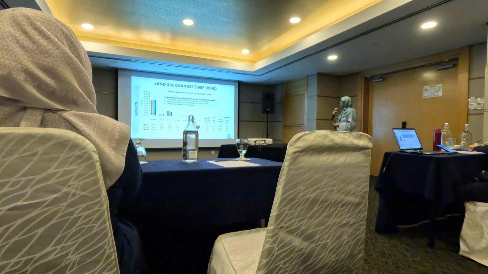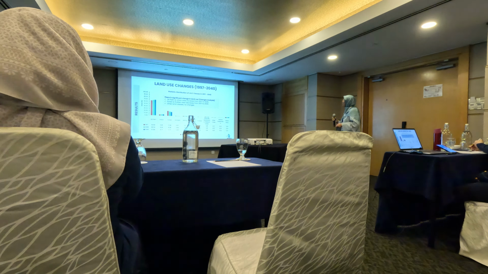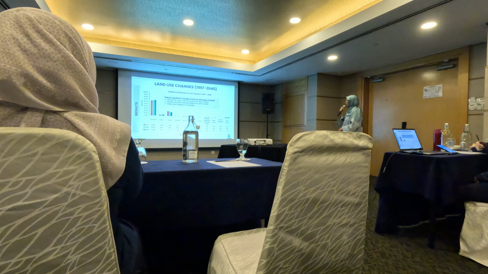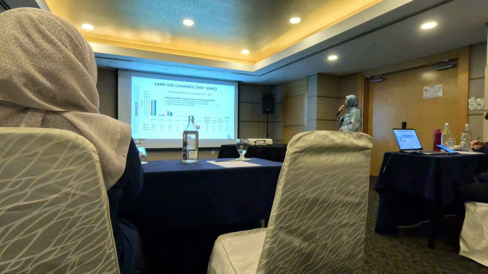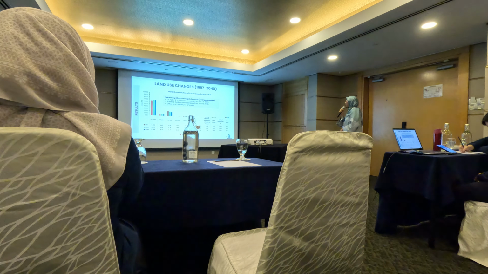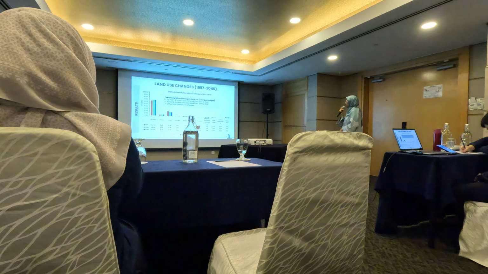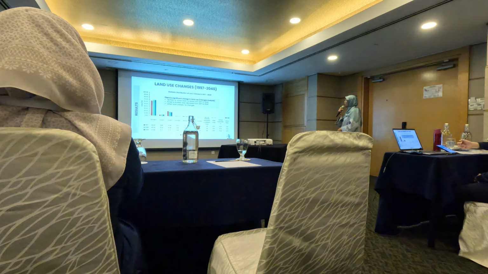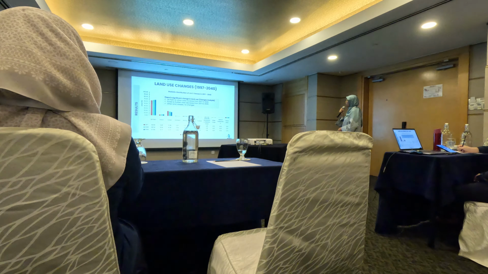From this graph, you can see that there is significant change in land use. You can see oil palm and urban area increased from 1997 to 2040, and forest and rubber decreased from 1997 to 2040, and other land classes no change.